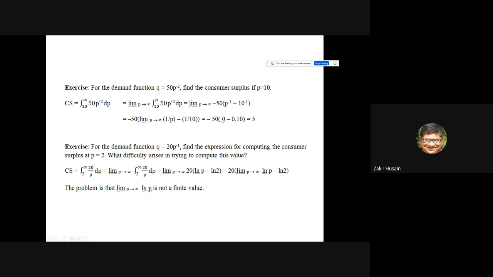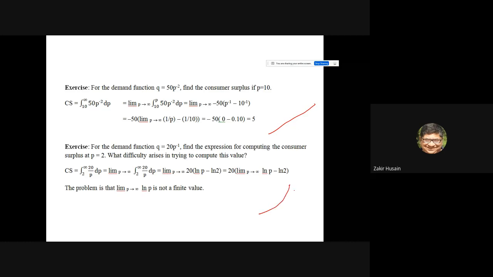Here, as we go on increasing P, log P will also continue to go on increasing. It does not have any limit. It increases, but it is not asymptotically increasing. It's just going to go on increasing like this.